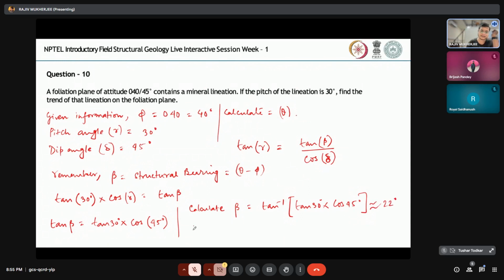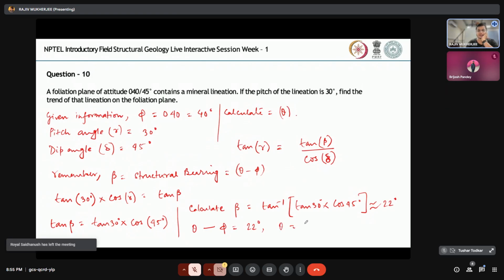So theta minus pi is equal to 22 degree. Then theta is actually 22 plus 40 degree. That means it is nearly about 62 degrees, right?